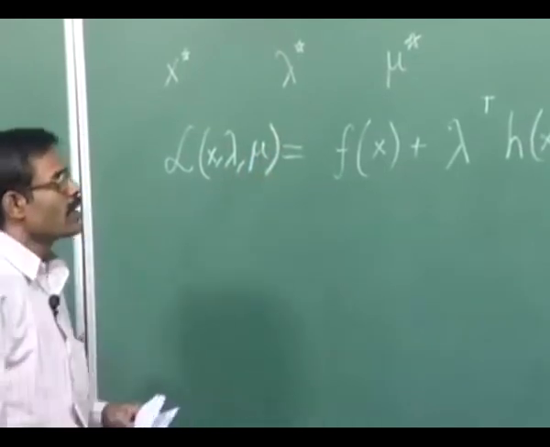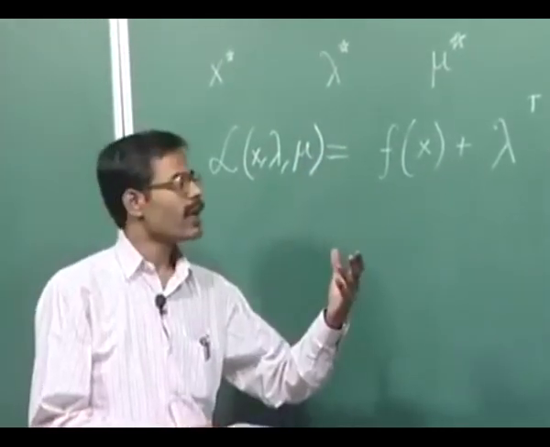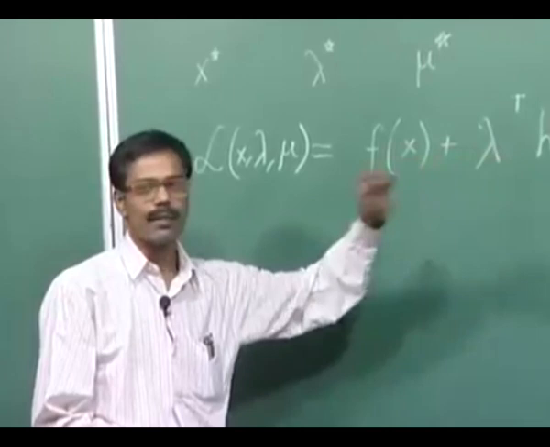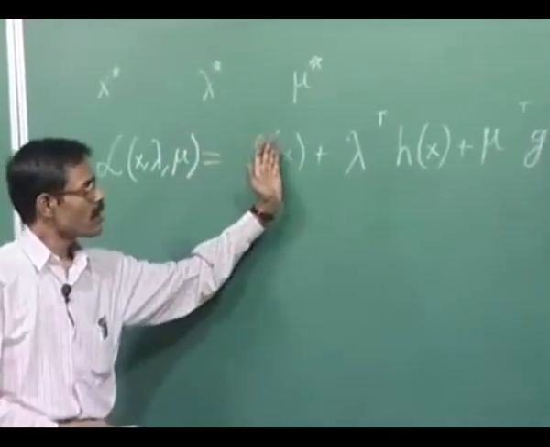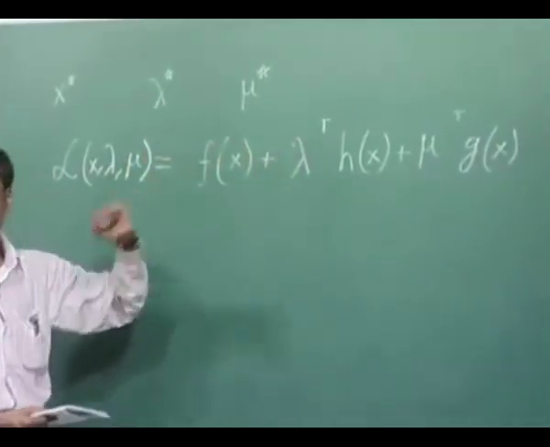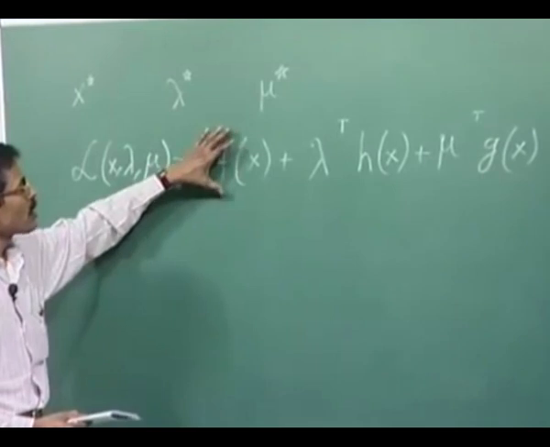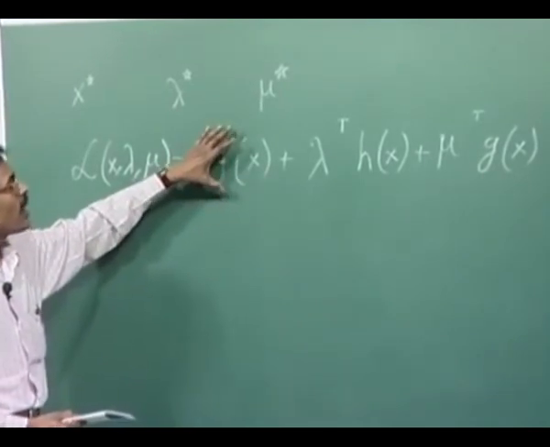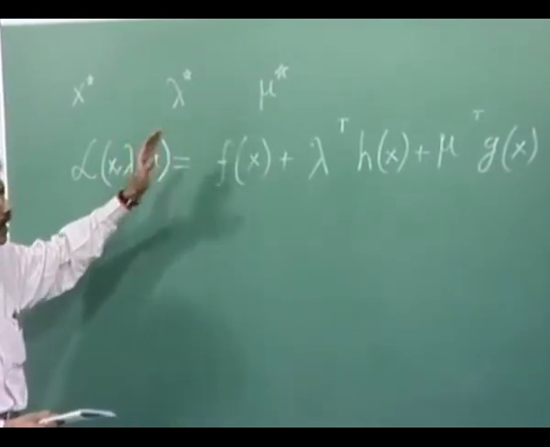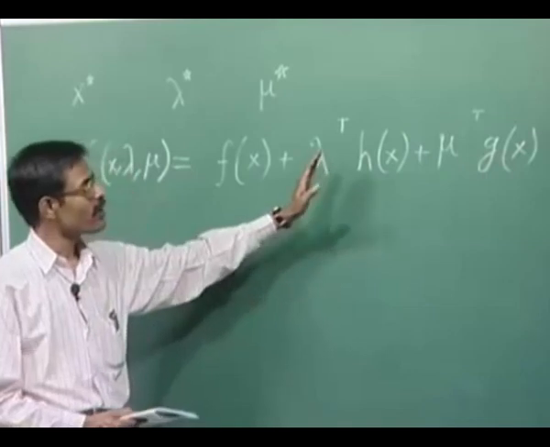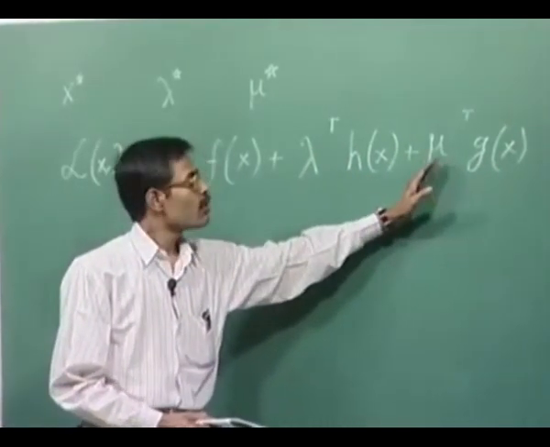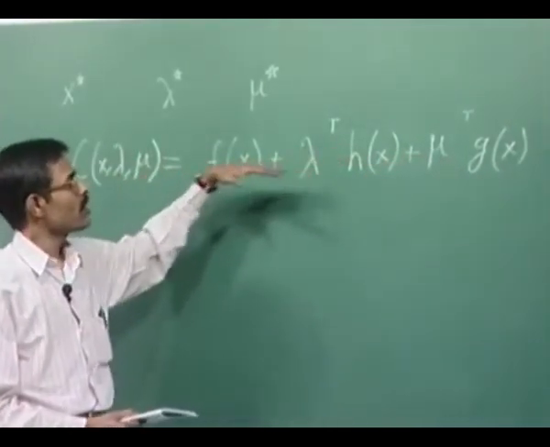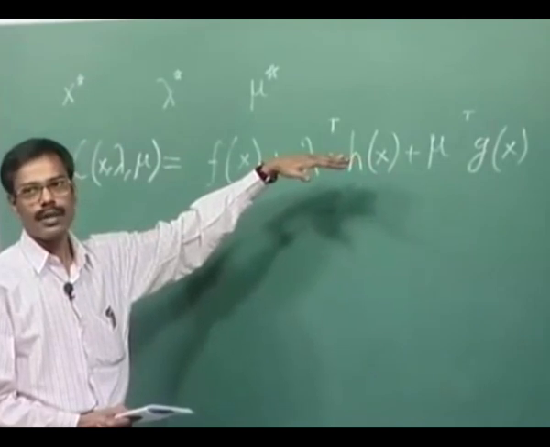If we define it like that, then for some given values of lambda and mu, we can consider the minimization problem and consider this as the Lagrangian, and after giving some values of lambda and mu, we try to minimize this function with respect to x.